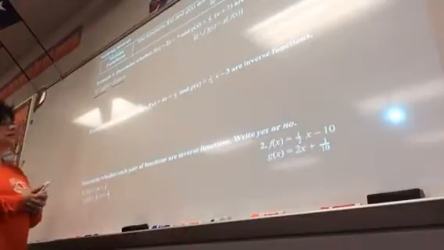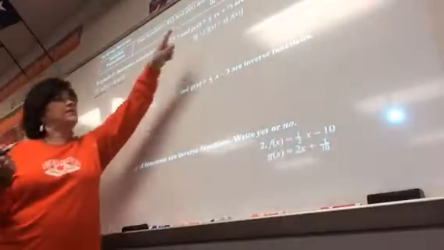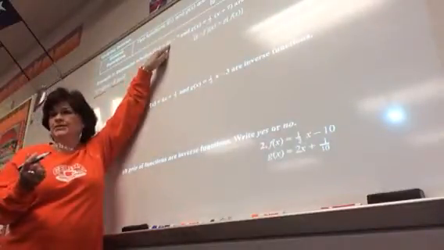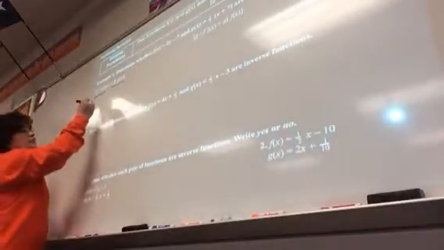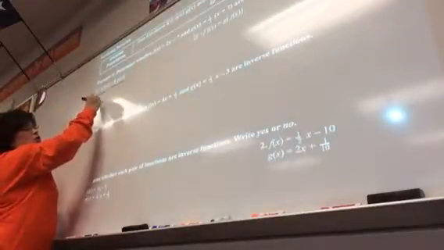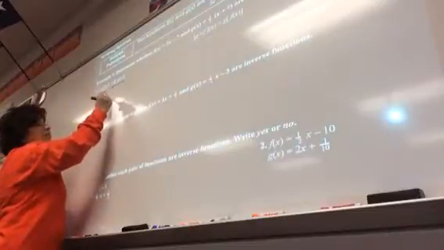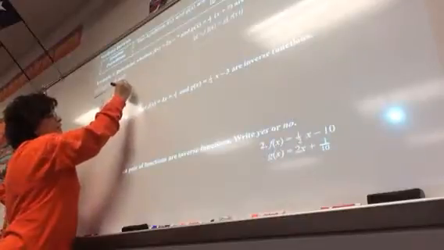Okay, let's find our first composition. F of g of x says take the g function and input into the f function. So here we go. F of g of x would equal 2 times parentheses. Now inside the parentheses, will you place the g function?